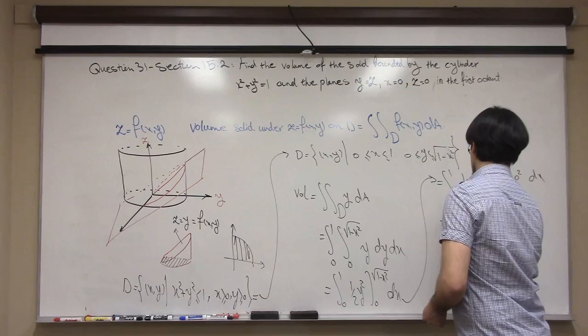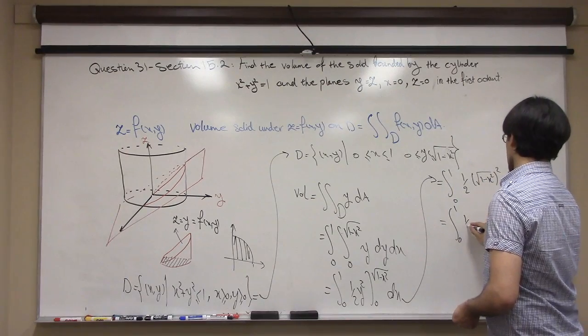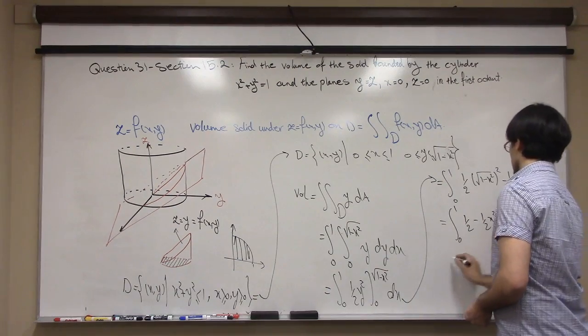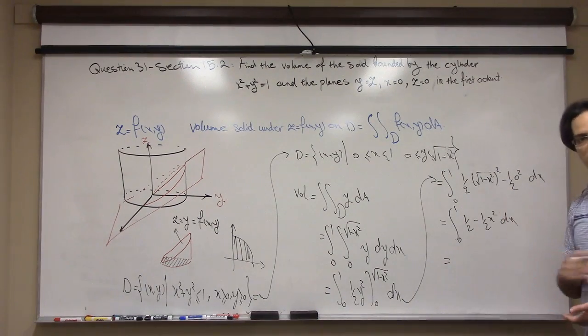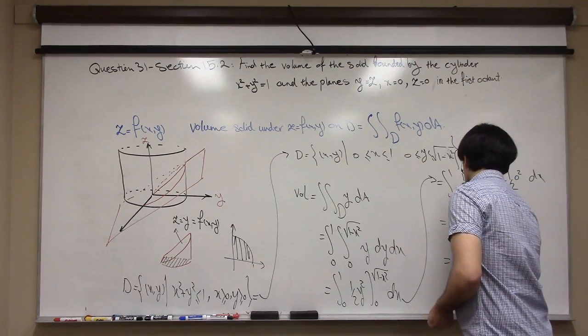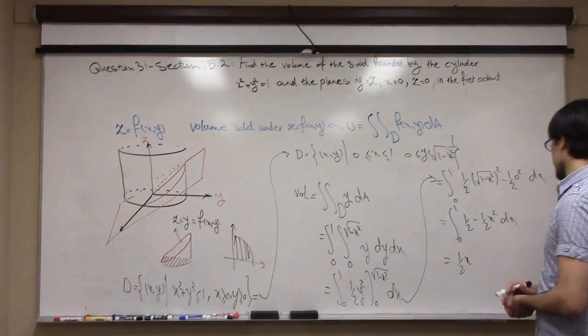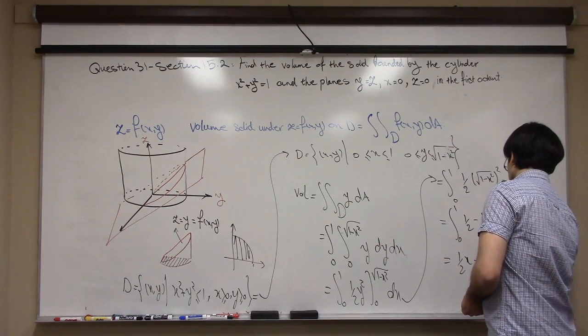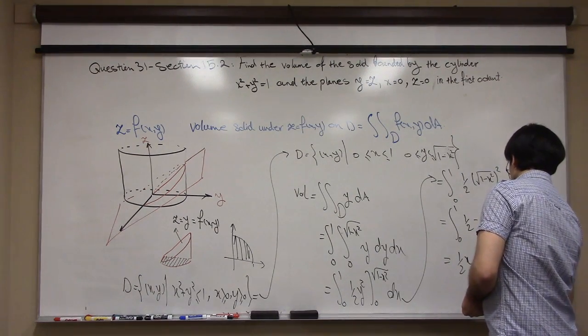This is going to be the integral of half minus half of x squared dx. It is just an easy regular integral. The antiderivative of half is half x. The antiderivative of half x squared is 1/6 of x cubed. Go from 0 to 1.